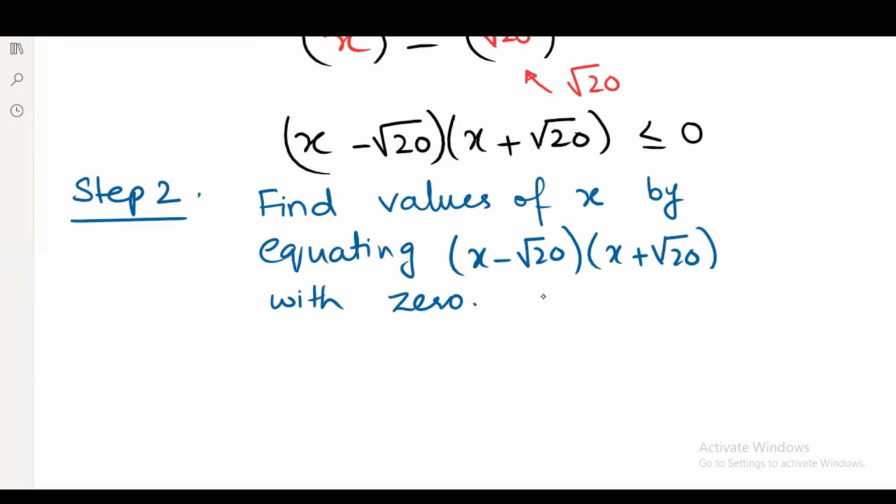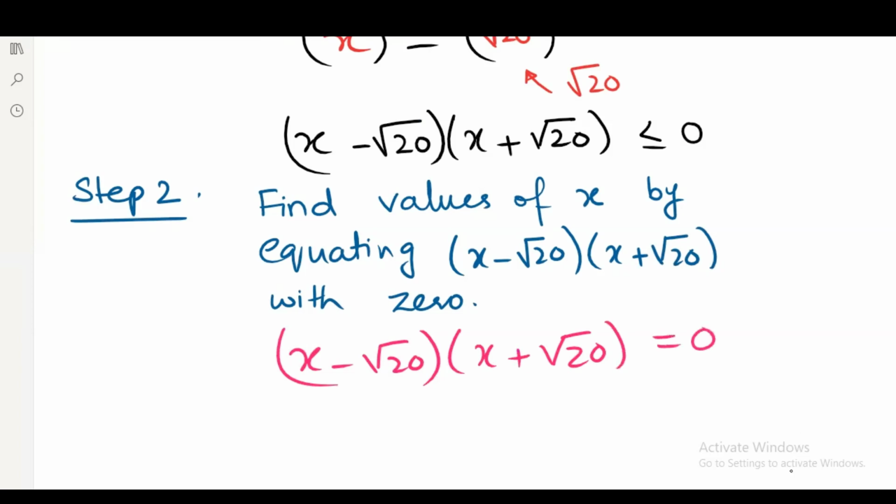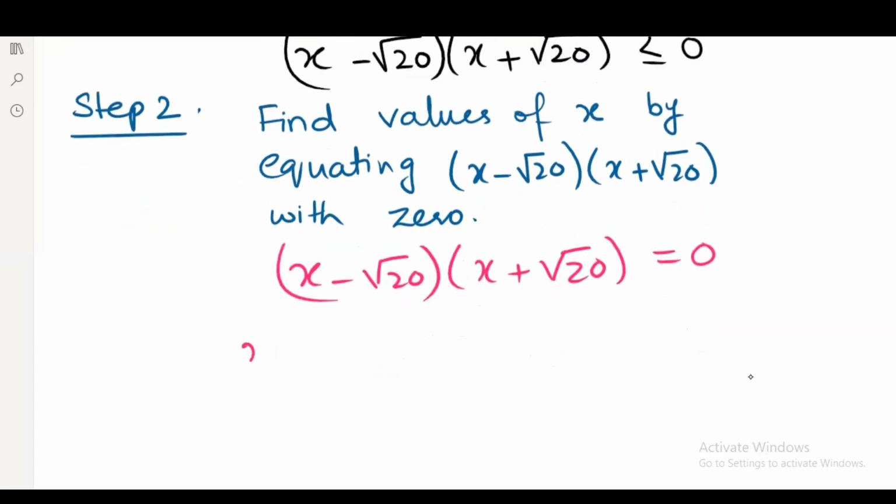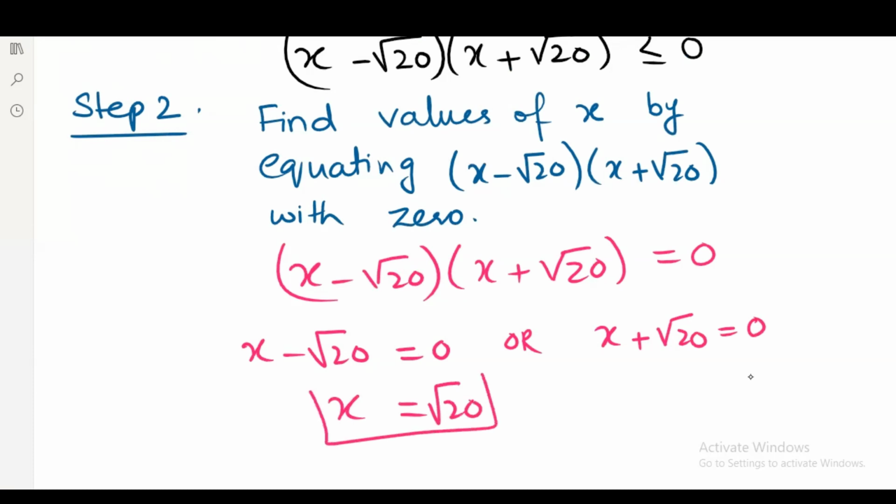So both the brackets are equal to 0 here. x minus square root 20 equals 0, or x plus square root 20 equals 0. We get x equals square root 20, or x equals minus square root 20. Two values here.